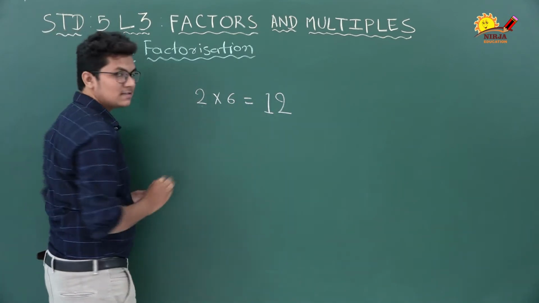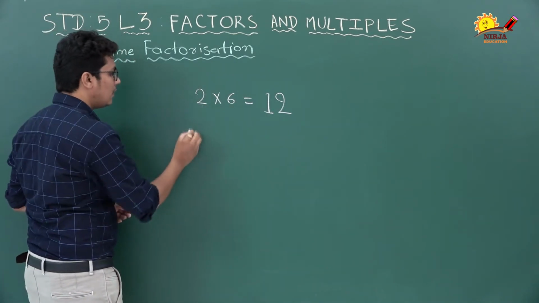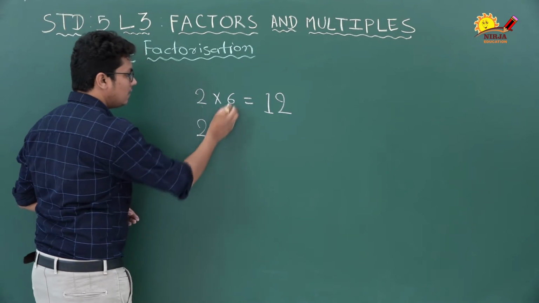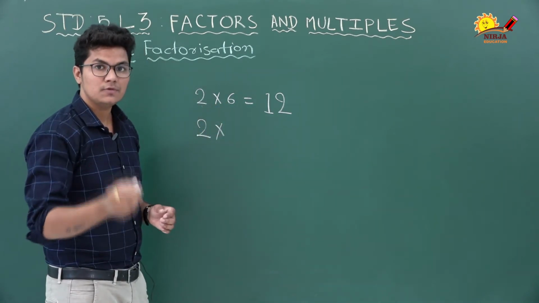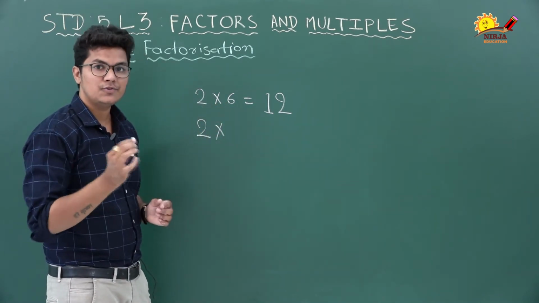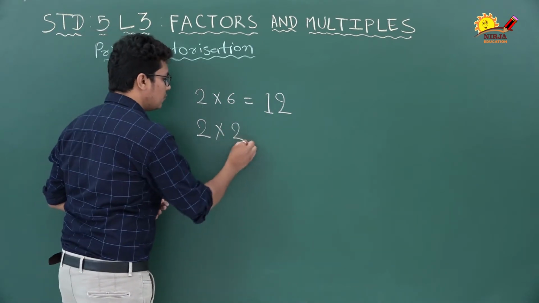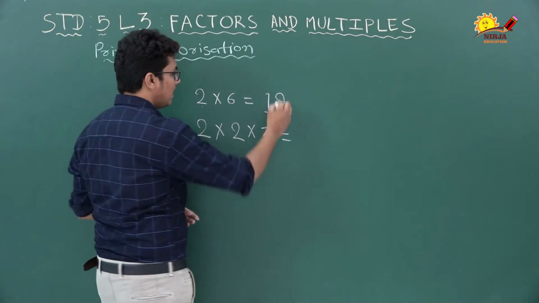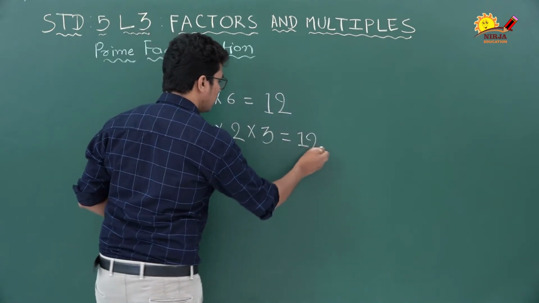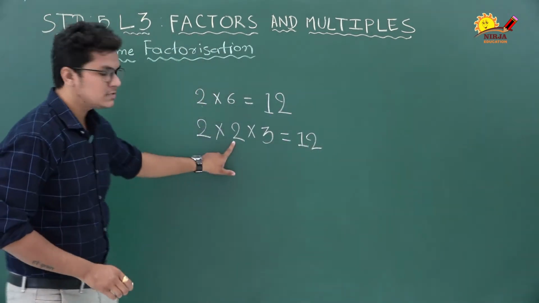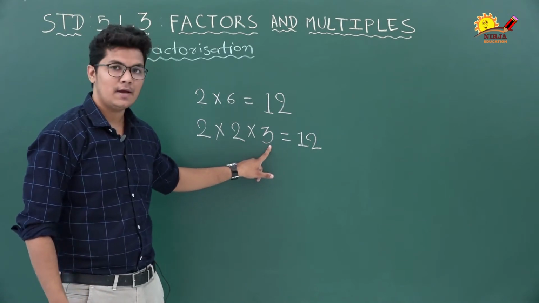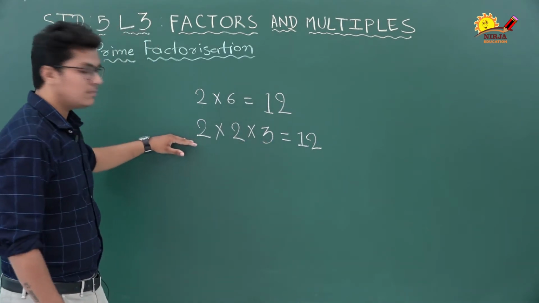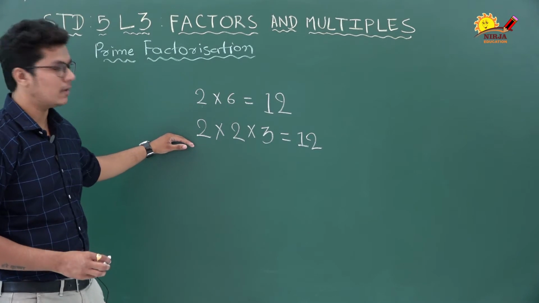First of all, we are going to write 2 as it is, and we can write 6 as 2 multiplied by 3, okay? 2 threes are 6, right? So we will write 2 multiplied by 2 multiplied by 3, which is 6 and equals 12, okay? 2 twos are 4, 4 threes are 12, okay? Now all these numbers are prime numbers, okay?